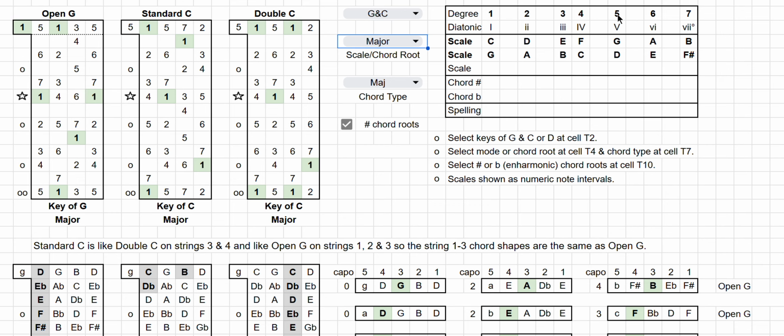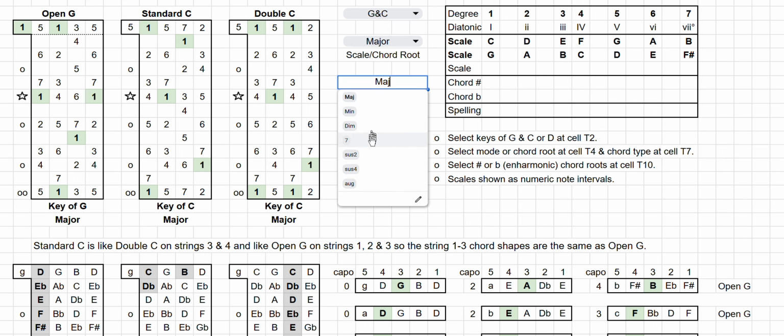So the 5th scale interval of playing in C is G. Playing in G, it's D.